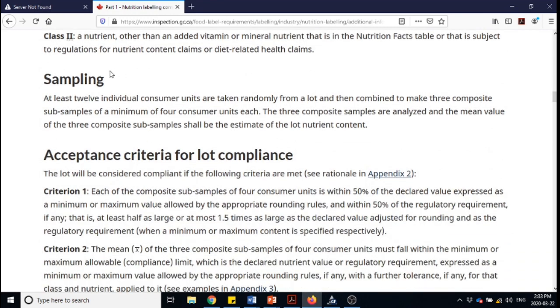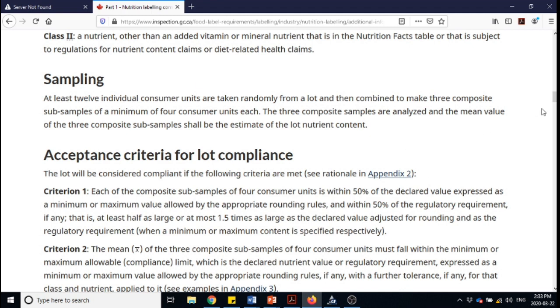So now down to sampling. They're going to take 12 consumer units. So they're picking those 12 packages randomly from the lot, and then they're combining them into 3 composite samples with a minimum of 4 consumer units each. In some cases, they're taking more than 12, and that is in Appendix 2.